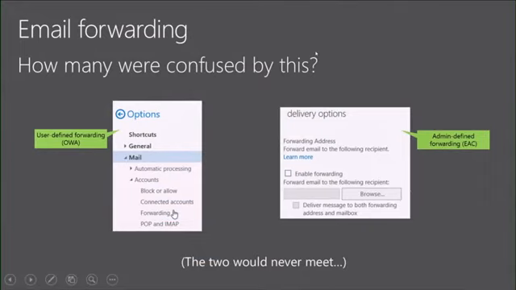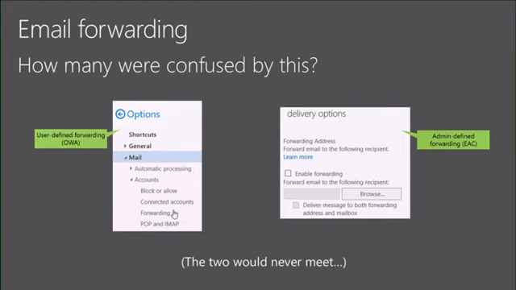Now, this is something that has been a lot of fun for many people, I believe. There was a time where we had user-defined email forwarding through Outlook web app, and we still have it. Then admins have this: if you knew exactly where to look and dug deep enough in Exchange Admin Center, you would have these delivery options on a mailbox, and you would set email forwarding there.